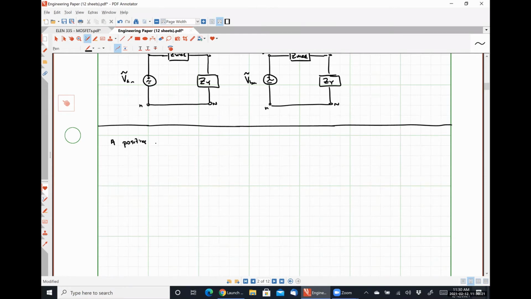A positive phase sequence balanced three-phase Y-connected source supplies power to a balanced Y-connected load.